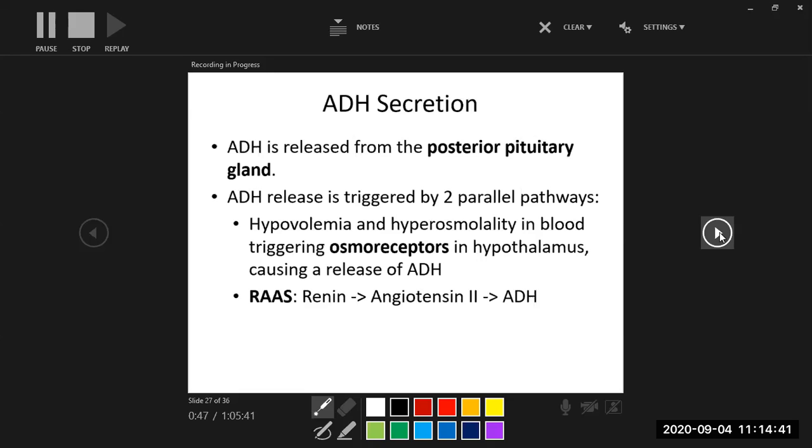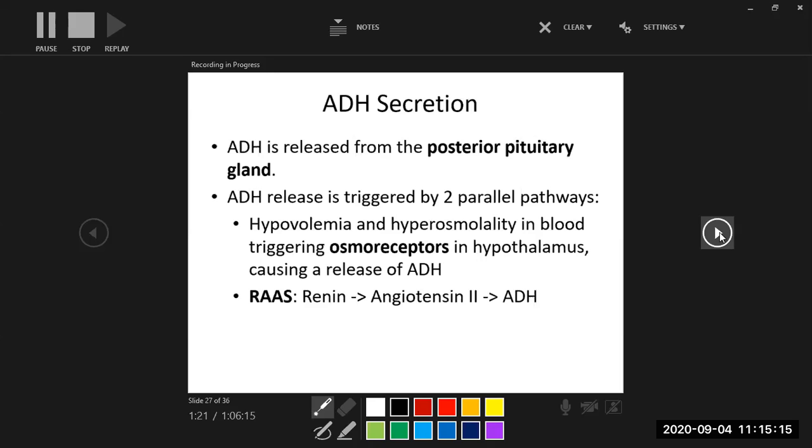or if the body loses water, say if you are walking in the desert, you sweat a lot, you lose a lot of fluid, then your blood will be very thick, and that hyperosmolarity will trigger the osmoreceptor in the hypothalamus, and that can trigger the release of ADH.